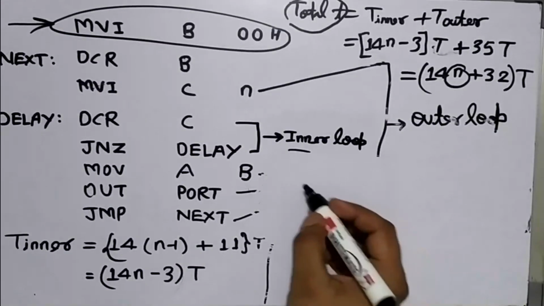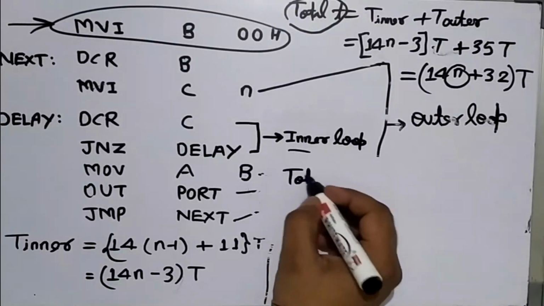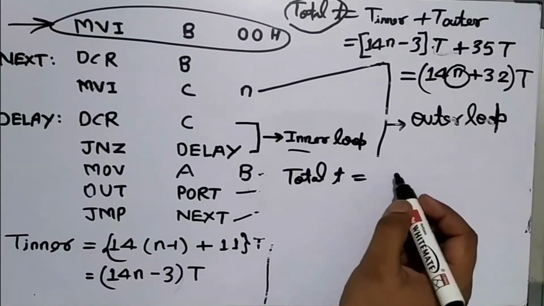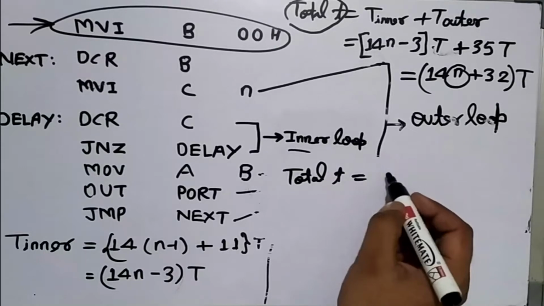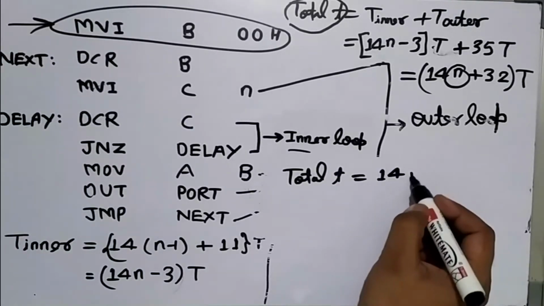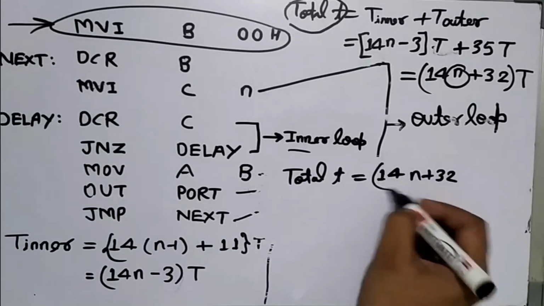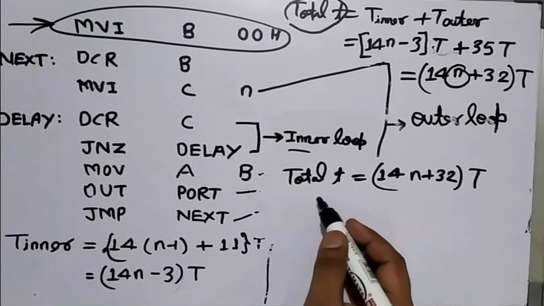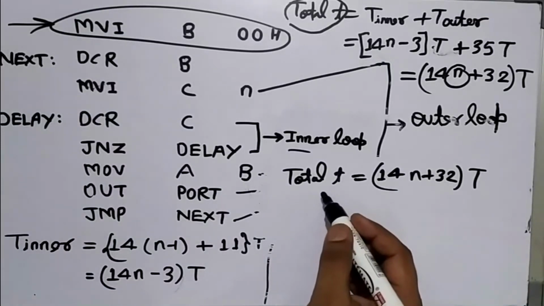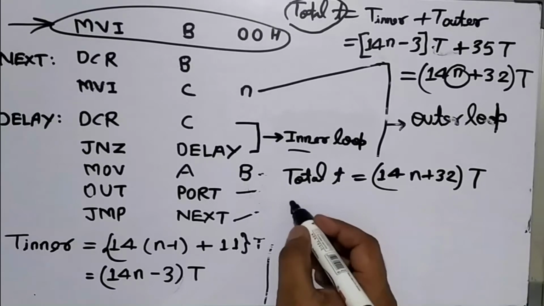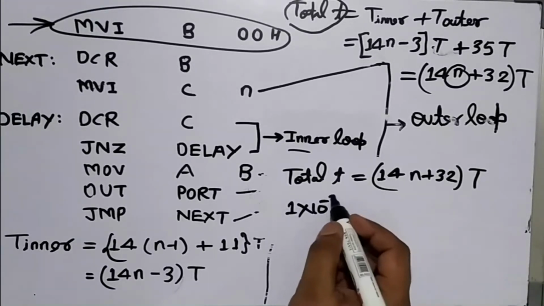Now total T will be equal to T inner plus T outer. I have calculated total T as (14n+32) into T. Total T is the time given in the question, that we have to generate a delay between two consecutive numbers equal to 1 millisecond, which is 10 to the power minus 3 second.